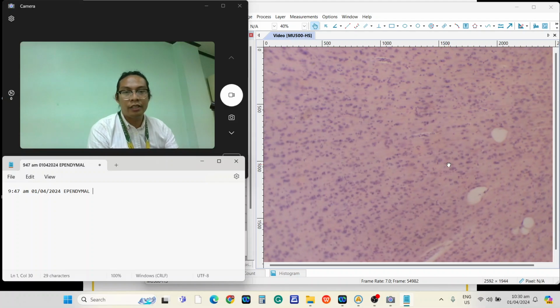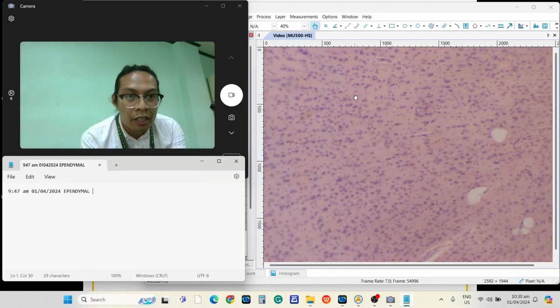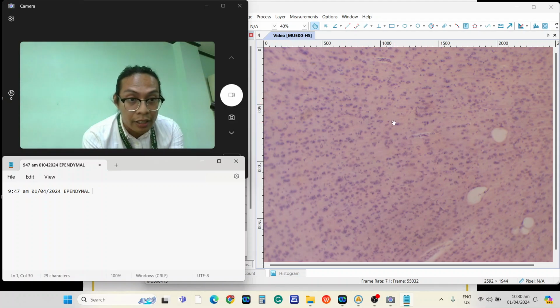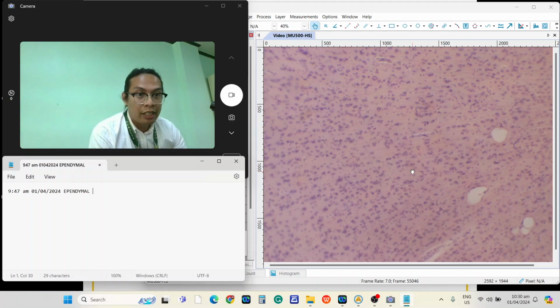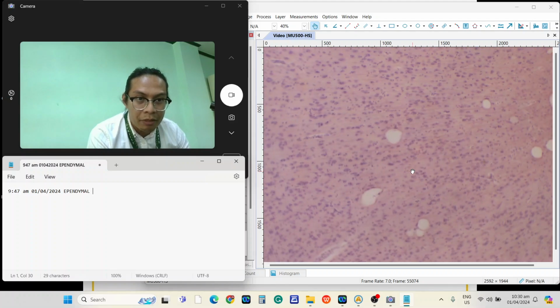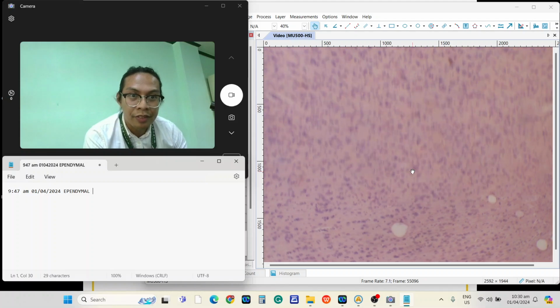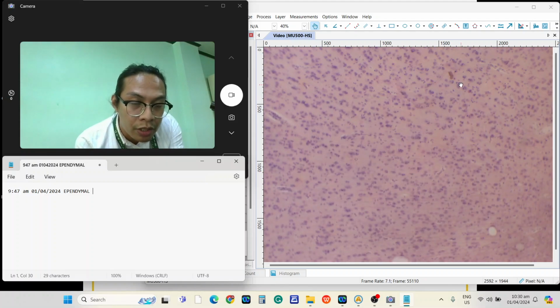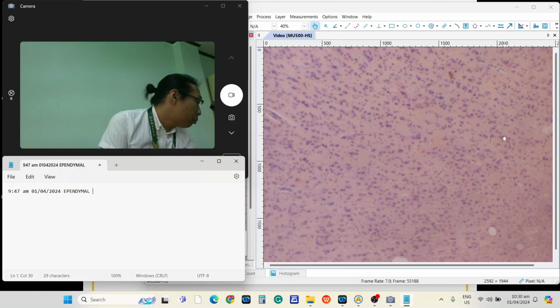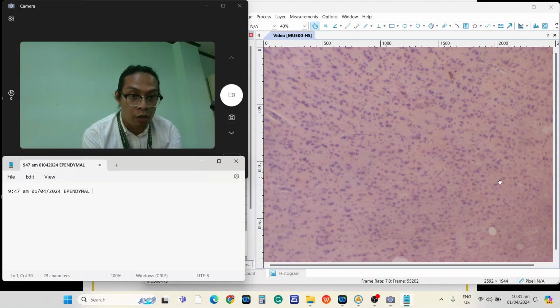Next layer is the inner granular layer. Then may makikita uli kayong layer na may pyramidal cells. Those are pyramidal cells. Now this is the inner pyramidal layer. And finally, the polymorphic or the fusiform layer.